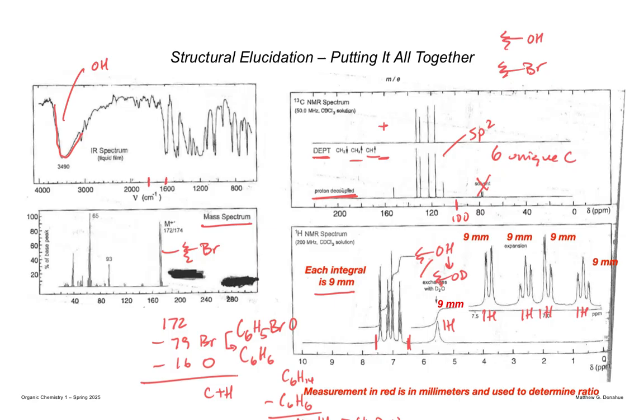Do you remember from that chart what type of hydrogens those could be? We already said that the carbons have to be alkene-like. We have 4 degrees of unsaturation. So that's the aromatic region. So aromatic, it's a benzene ring.